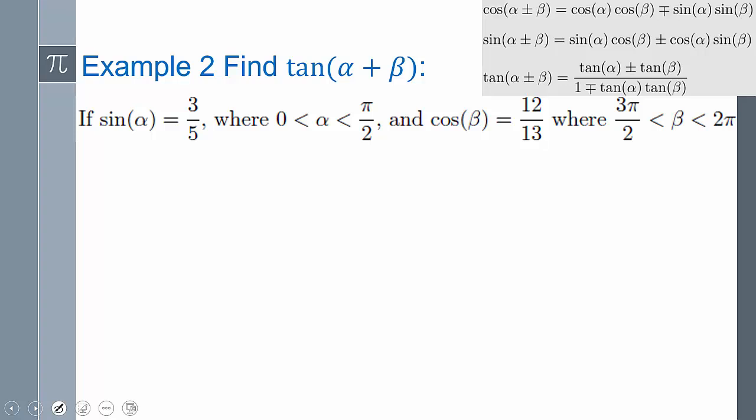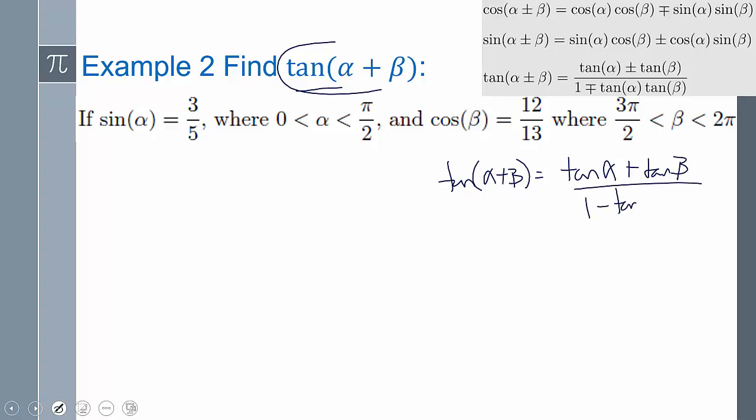Let's look at another one. This one wants me to find tangent of alpha plus beta. The identity is tangent alpha plus tangent beta over 1 minus tangent alpha tangent beta. So I need to find tangent alpha and tangent beta to be able to plug it in.